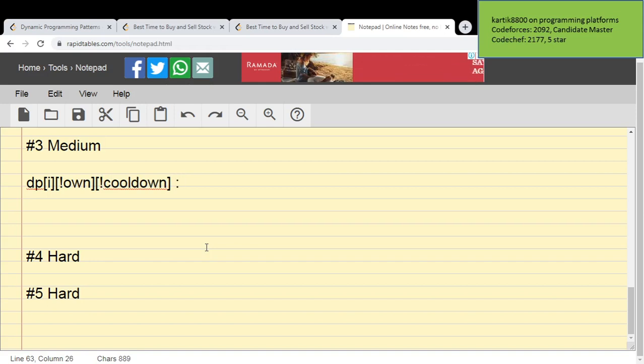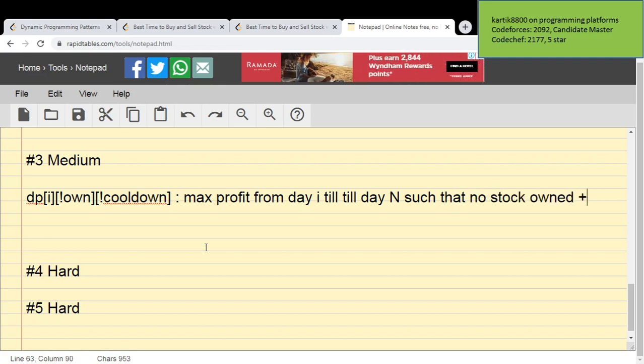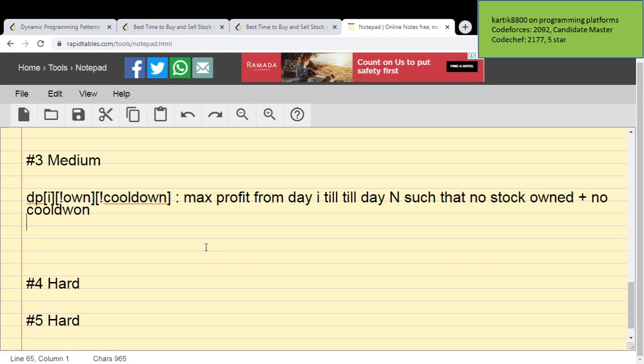This means, what is the max profit that you can make from day I till day n such that you currently don't own a stock, so no stock owned plus no cooldown. So if you're not under cooldown, this means that you can happily go and buy a stock on the ith day. If you were under cooldown, that means that currently you cannot buy a stock.